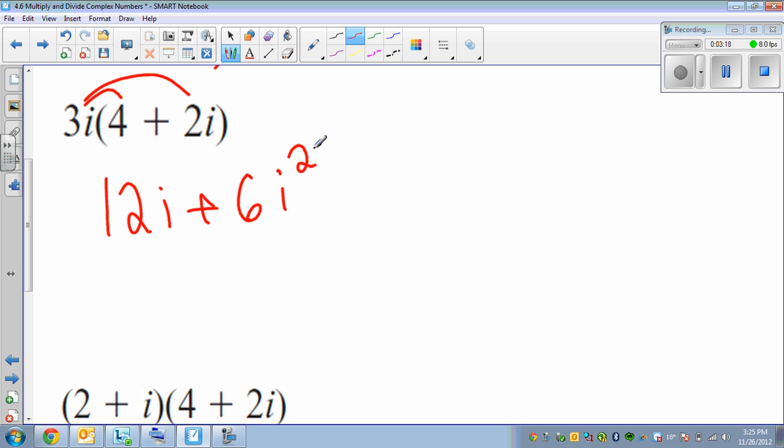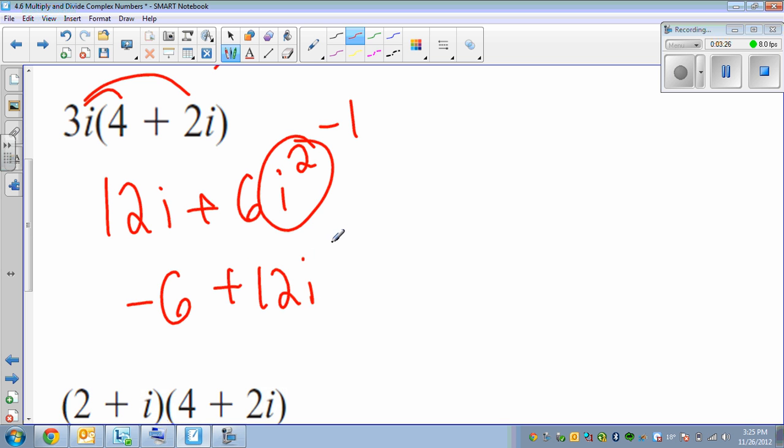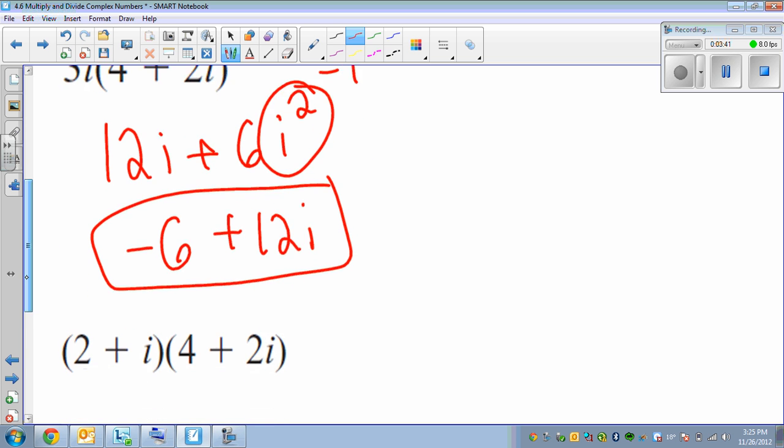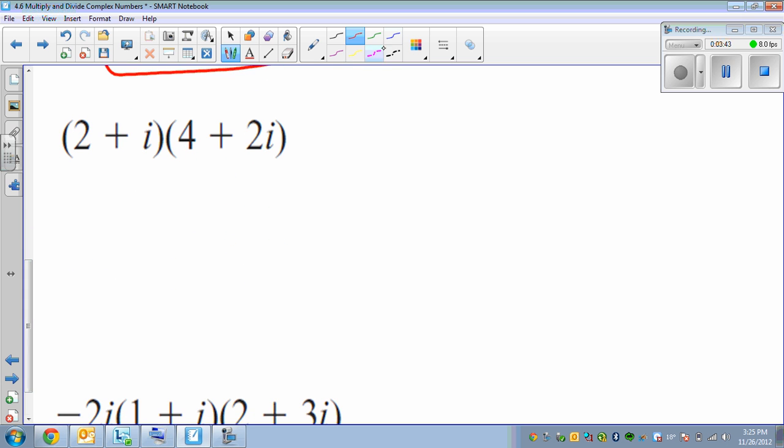But we know from our previous page that this is really -1, so our final answer will be -6 plus 12i. So we're changing out that i squared for that -1. That's what's nice about knowing what we did on that previous page, it lets us simplify even further.